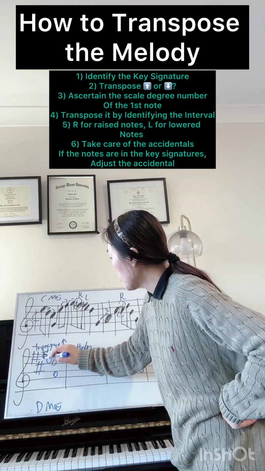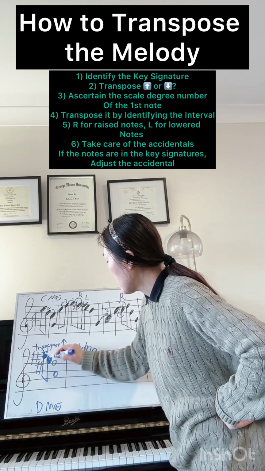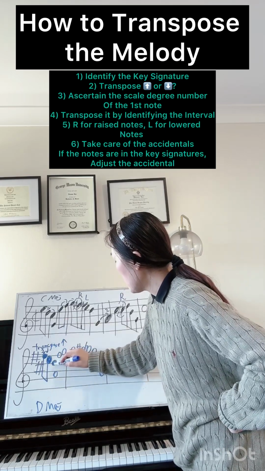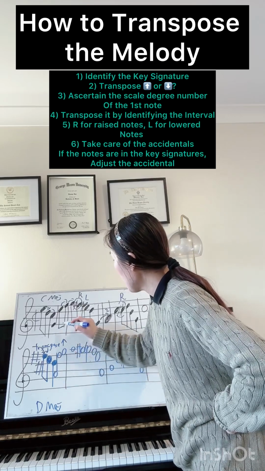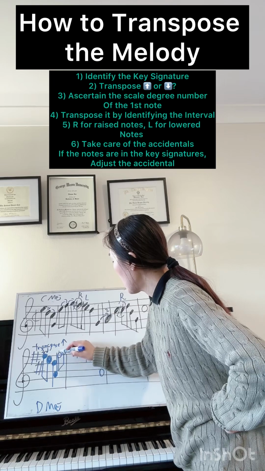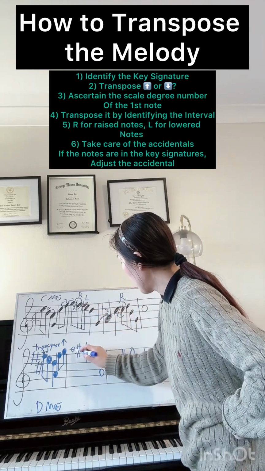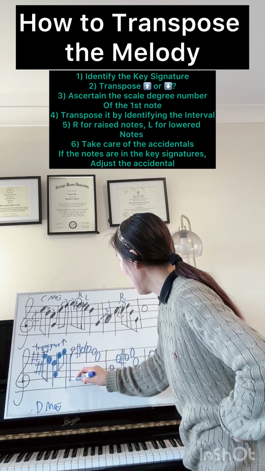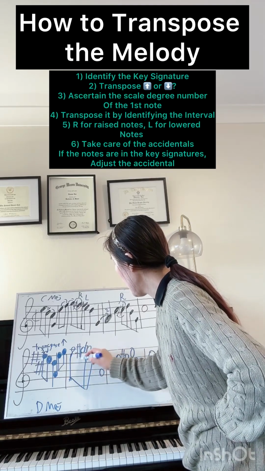Okay, now let's do the rhythm, okay? So the first two are a pair of quavers, and then this one, a crotchet. And then this one, a crotchet, stem up. And then these two were quavers. And then this is four quavers grouped together.